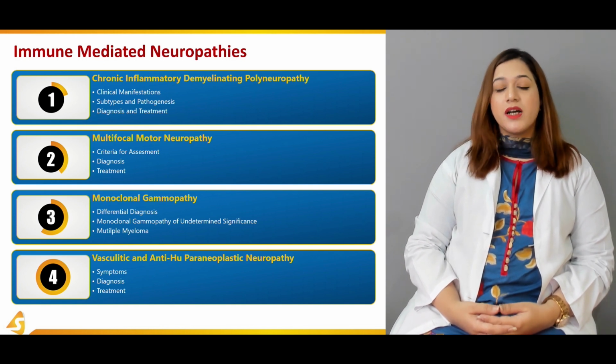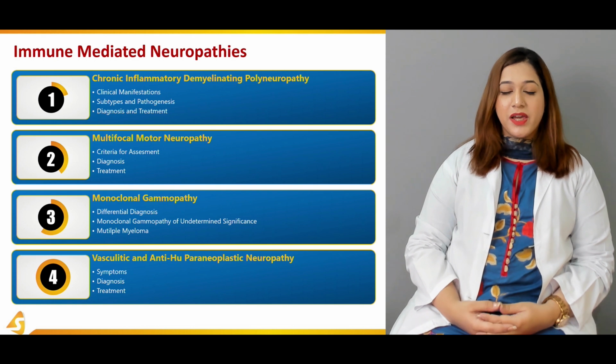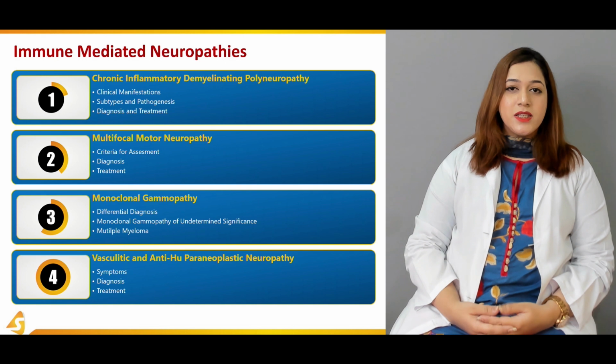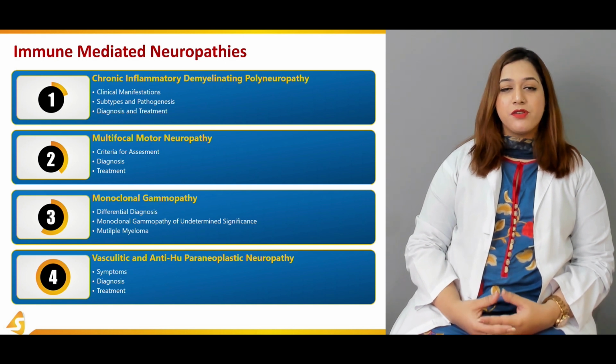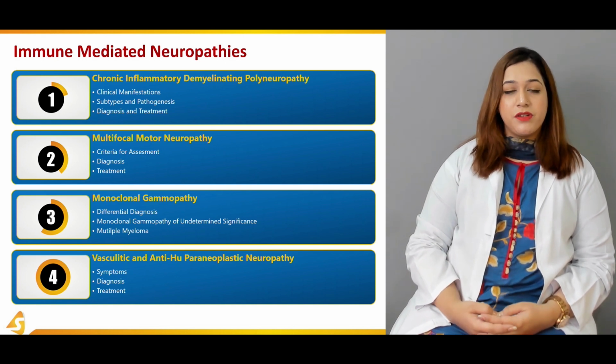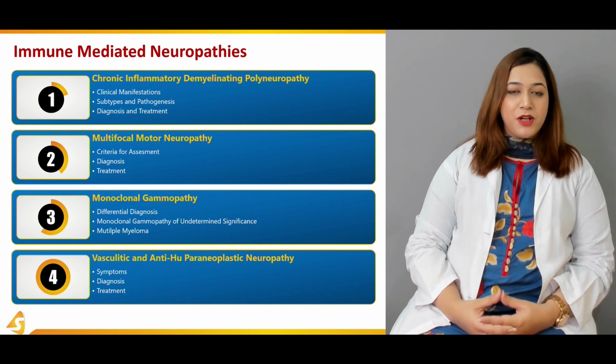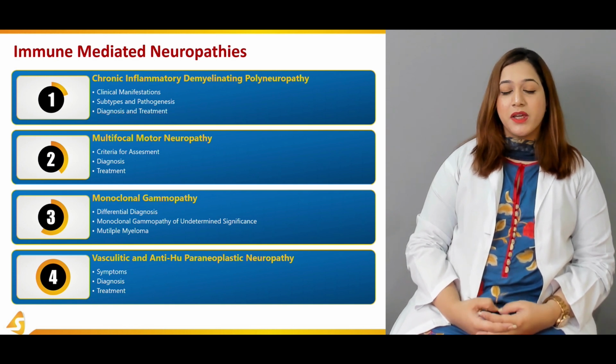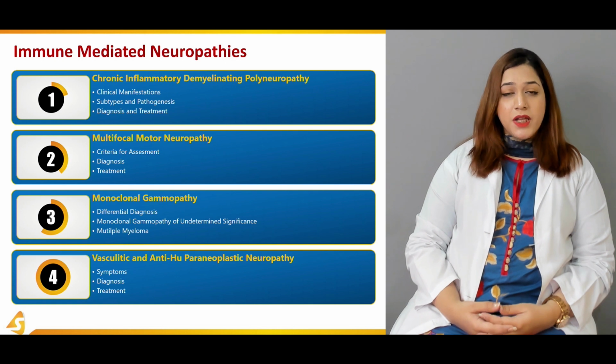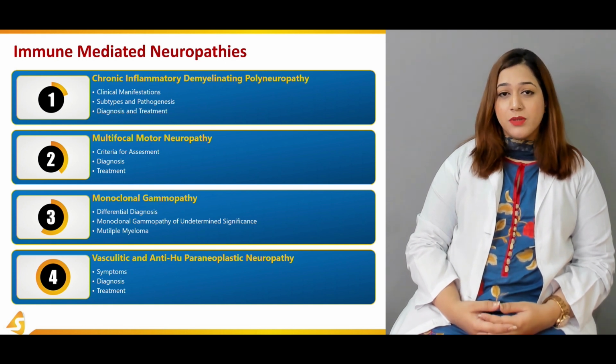Vasculitic neuropathies are a diverse group of disorders characterized by acute to subacute onset of painful sensory and motor deficits that result from inflammatory degeneration of the nerve blood vessels and subsequent ischemic injury. On the other hand, anti-HU paraneoplastic neuropathy, these are syndromes associated with an underlying tumor.